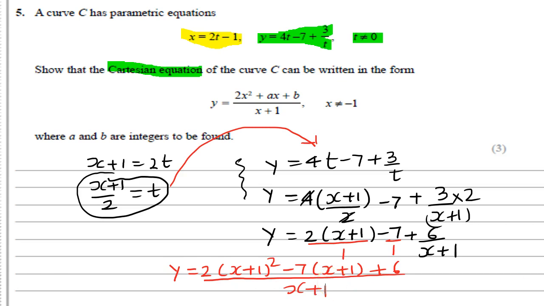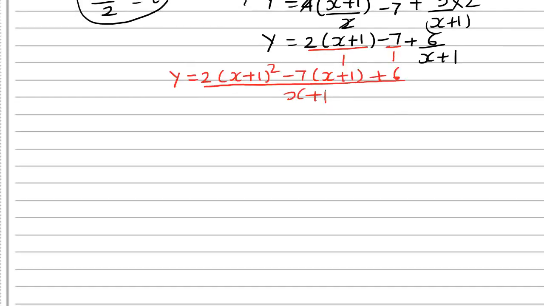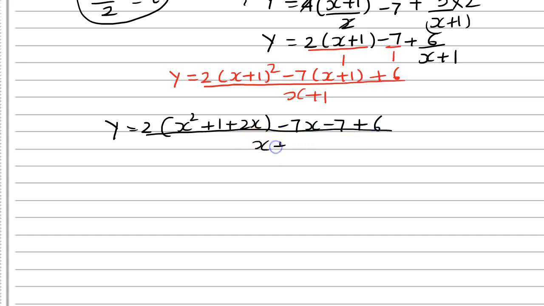So let's simplify it a little bit more. y equal to 2, and I'm going to open this (x plus 1) squared, so it will be x squared plus 1 plus 2x, then multiply by 7 inside, so it will be minus 7x minus 7 plus 6, all divided by x plus 1.